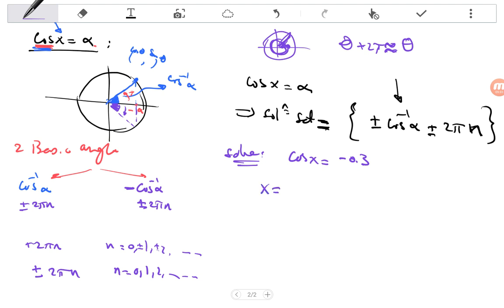We have two basic angles. It is plus or minus cosine inverse of negative 0.3, then we add 2 pi n. Okay?